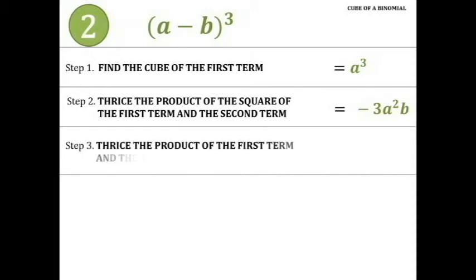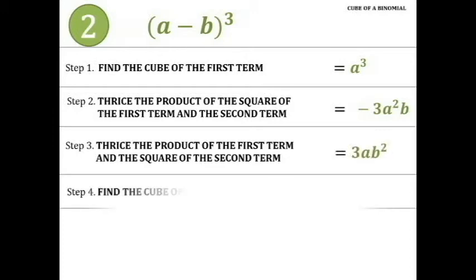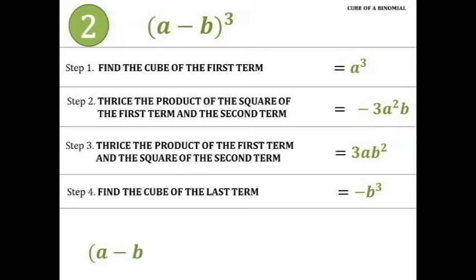Then, thrice the product of the first term and the square of the second term. So we have 3ab squared. Then, find the cube of the last term, which is negative b cubed. So we can say that a minus b quantity cubed is equal to a cubed minus 3a squared b plus 3ab squared minus b cubed.